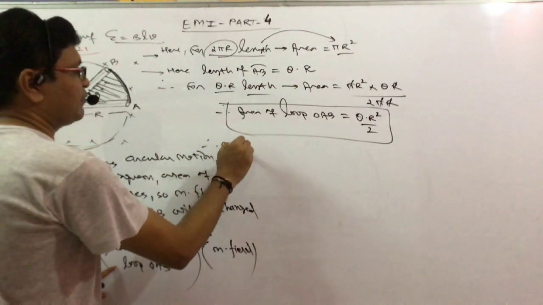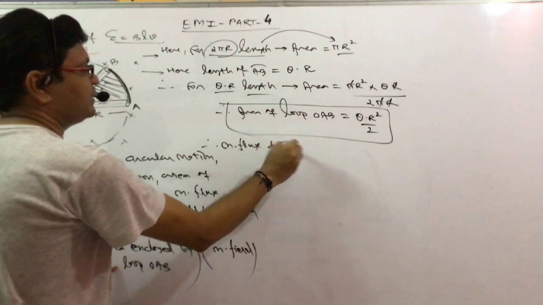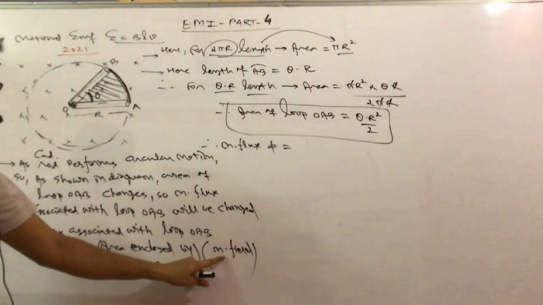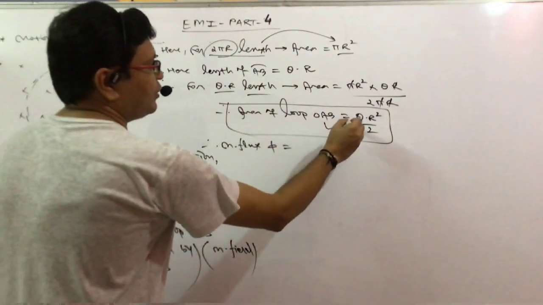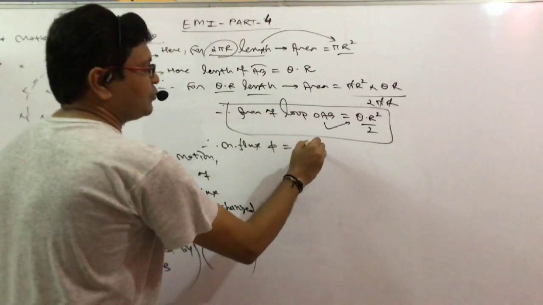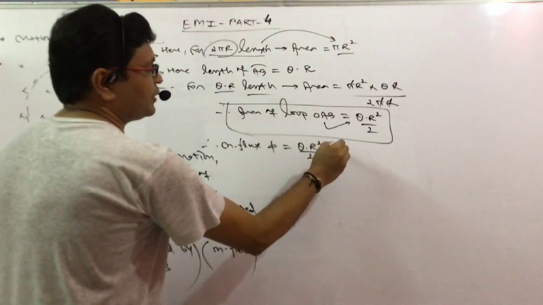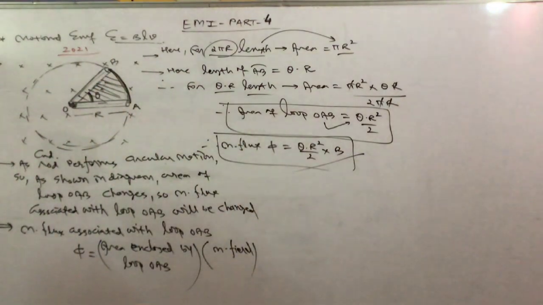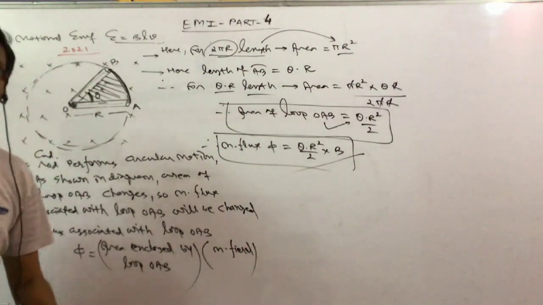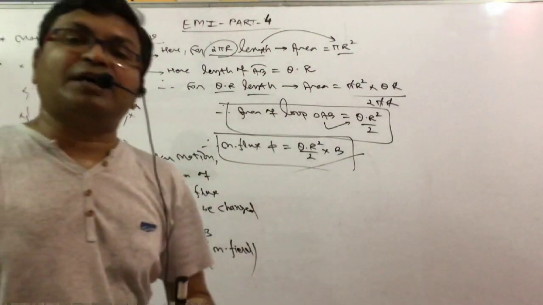So magnetic flux phi is equal to area multiplied by magnetic field. The area enclosed by loop OAB is theta into r square by 2, into the magnetic field. So this is your magnetic flux. But here you can see the magnetic flux doesn't remain constant. Why?